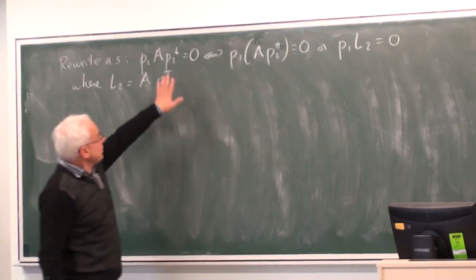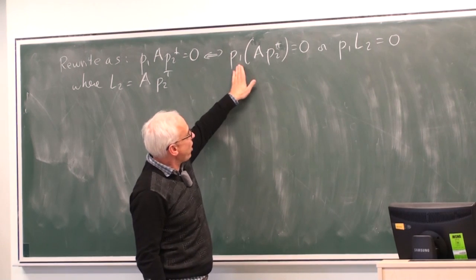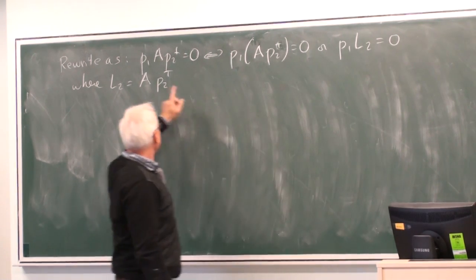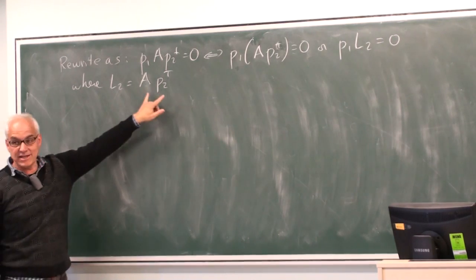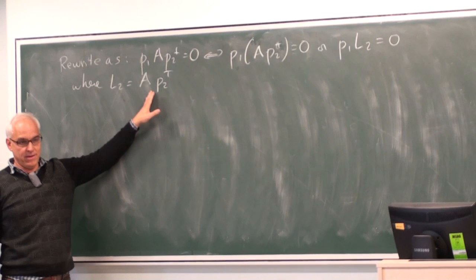In other words, the condition is just the condition that the point P1 lies on the line L2, where L2 is determined from P2 by this transpose multiplication by A.